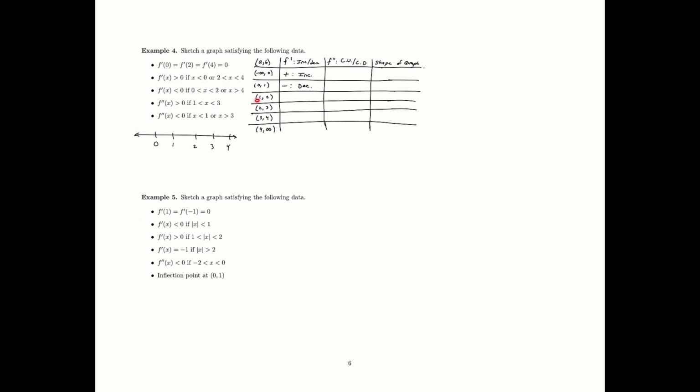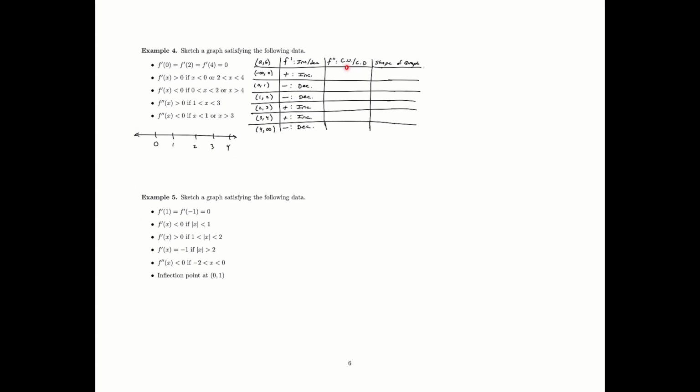And then 1 to 2 is just the second half of this, so it's still negative, so this is decreasing still. So between 2 and 3, when x is between 2 and 4, the first derivative is positive. So for these two cells, we're going to say positive, so that's an increasing function. The first derivative being positive means the function f is increasing. And then lastly, when x is greater than 4, we're back down to negative, so this is now decreasing.